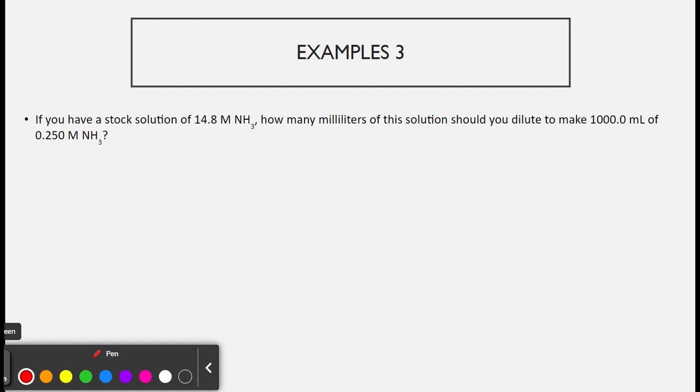If you have a stock solution of 14.8 molar ammonia, how many milliliters of this solution should you dilute to make 1,000 milliliters of a 0.25 molar solution of ammonia? So again, it's asking for milliliters. The volume unit I have in this problem for my V2 is in milliliters, so I don't need to change that.